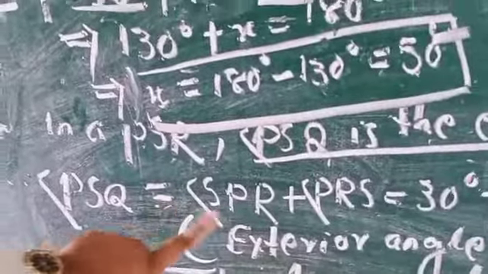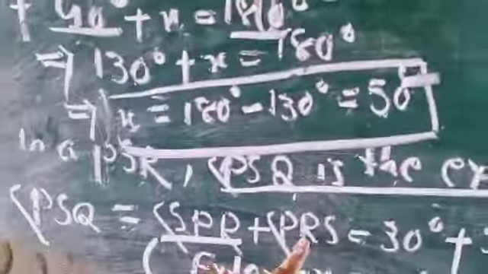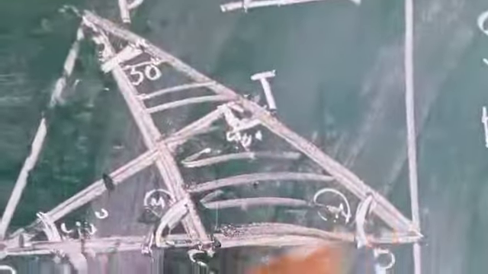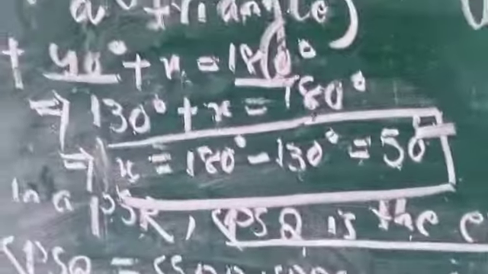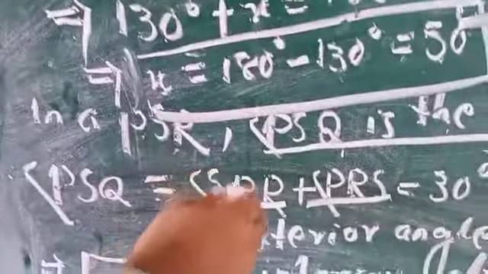Now PSQ is equal to, what is PSQ? Now this angle PSQ is equal to SPR plus PRS, this plus this. Okay, but SPR is how much? SPR is 30 degrees, given. I have written here SPR is equal to 30 degrees.